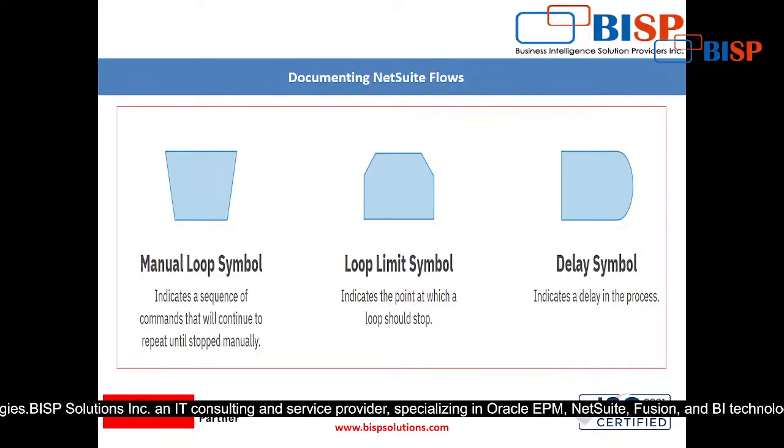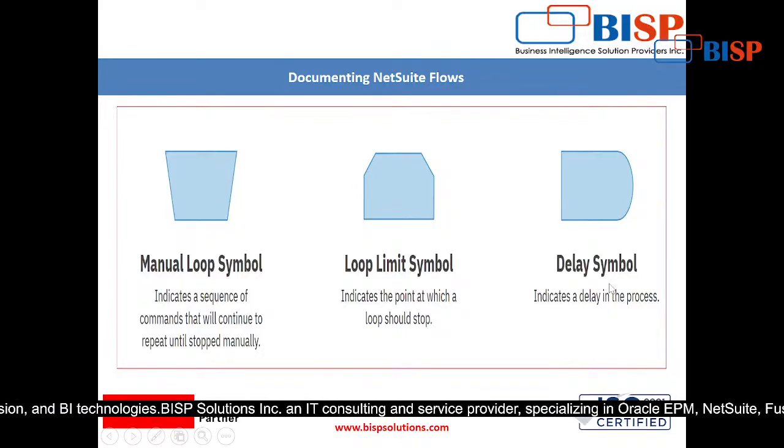These symbols are normally used very less, right? But I am explaining all this so that tomorrow when you will be using draw.io, at least you will have some familiarity with it, right? And then the loop limit symbol indicates the point at which a loop should stop. So here, at what point the loop should stop, you will write inside it.